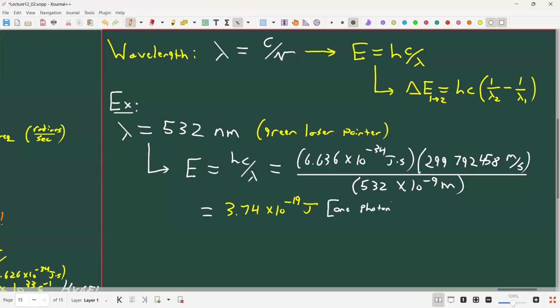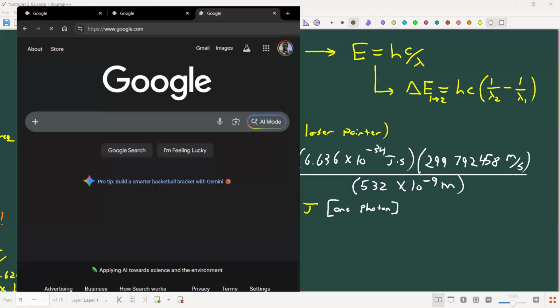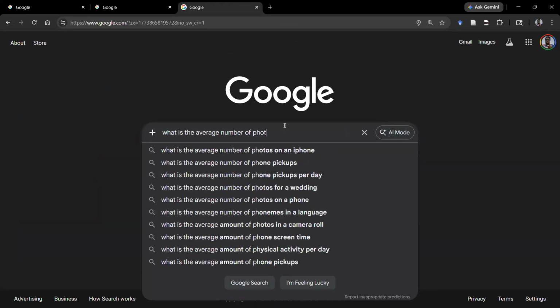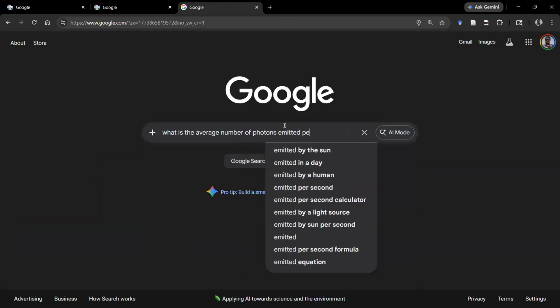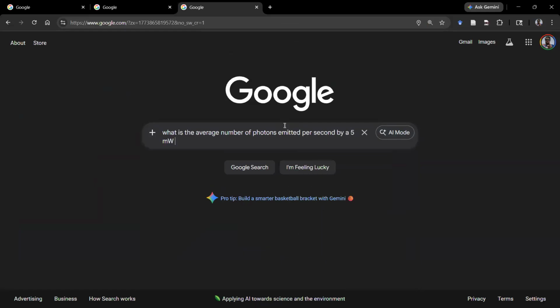Let's ask, because I don't feel like doing a calculation right now, let's just ask Gemini: what is the average number of photons emitted per second by a 5 milliwatt green laser pointer?